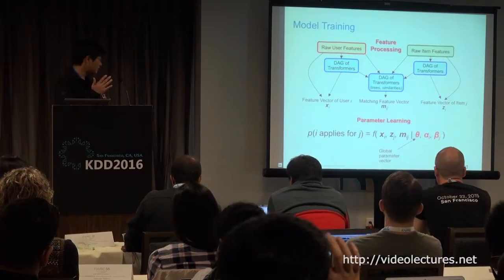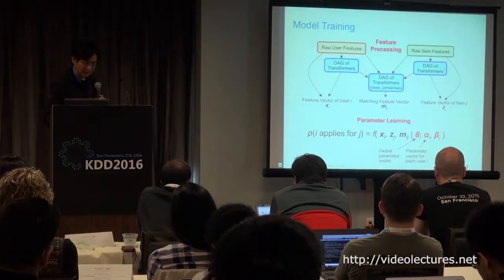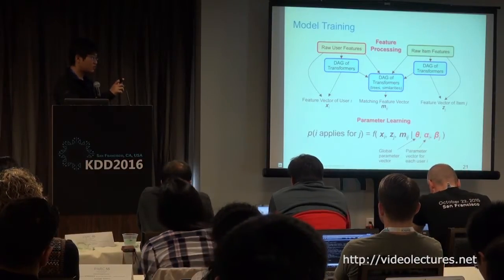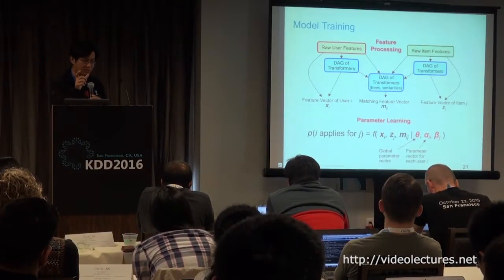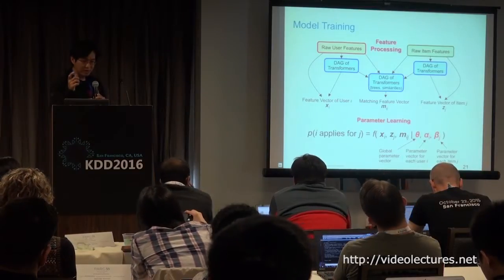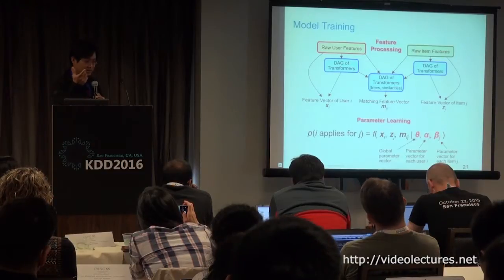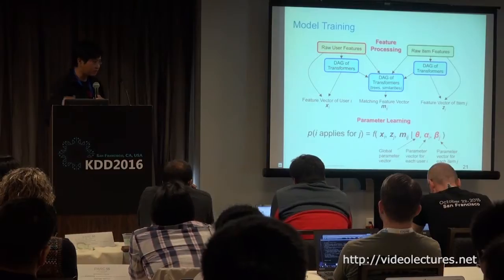So the first type is the global parameter vector. And the second type is parameters specific to each individual user, so that we can capture that user's behavior more accurately. Also, for every item, we may also have a set of parameters specific to that item. For example, the popularity of that item or some specific behavior of that item.